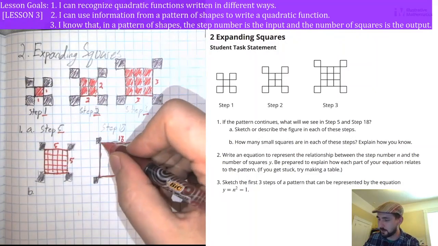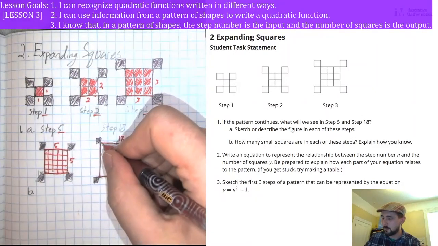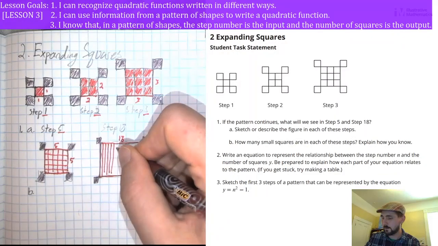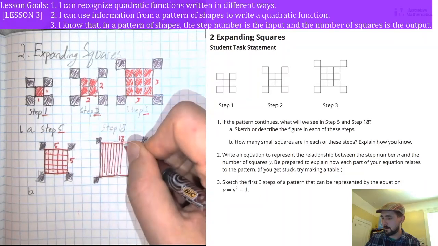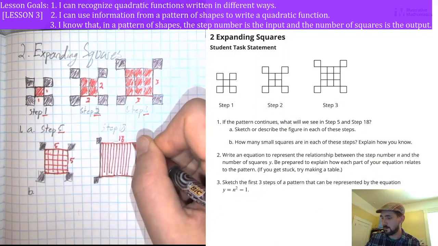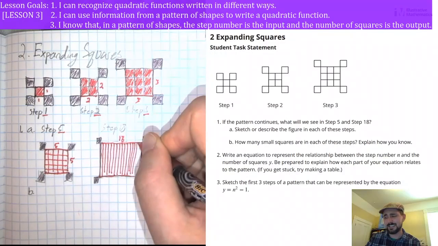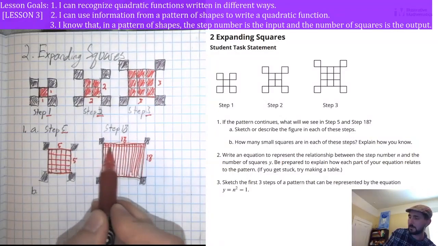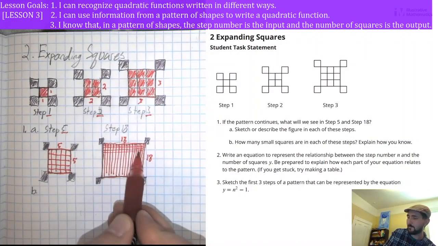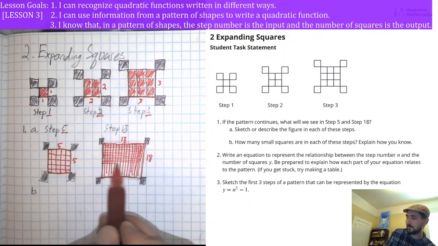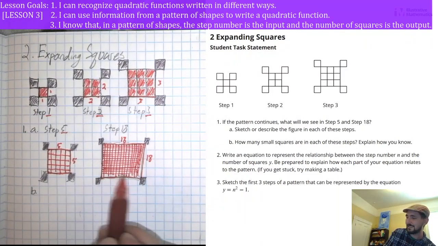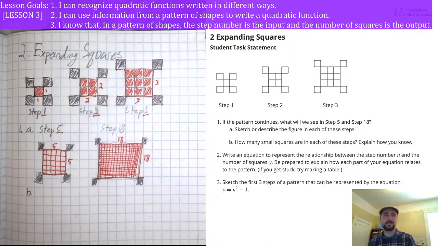Am I going to try and draw this? Ooh, it's going to get really messy. I'm sure I messed up counting in there somewhere.